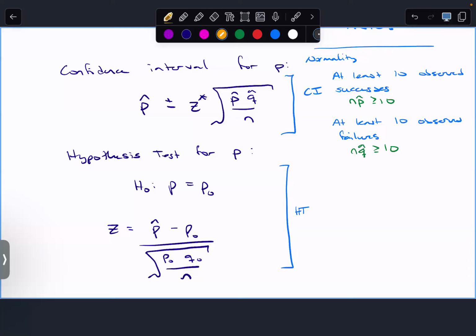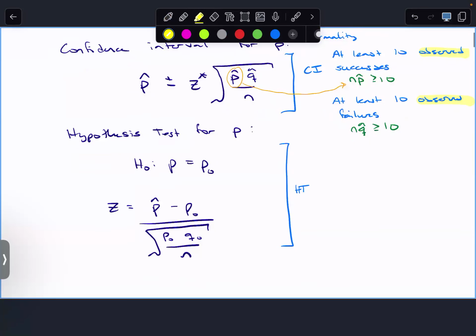I link these to what I use in my standard error, if I need a reminder of what it is, the observed successes and failures, or later for the hypothesis test, we need at least 10 expected successes and failures.